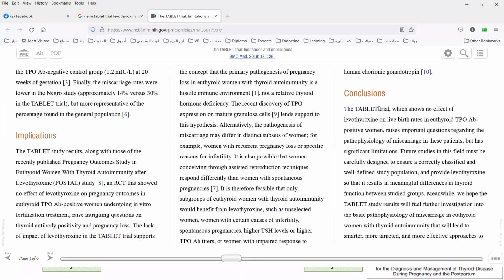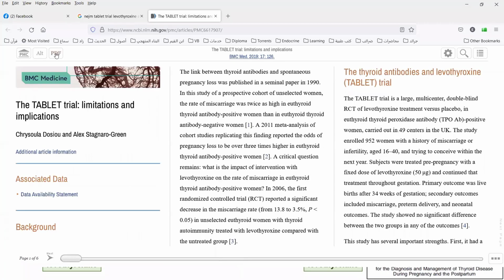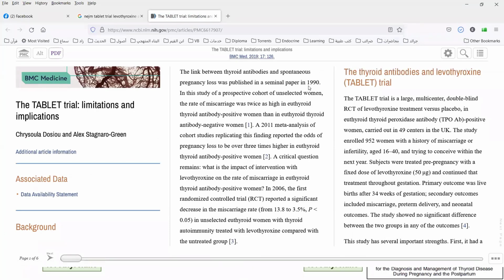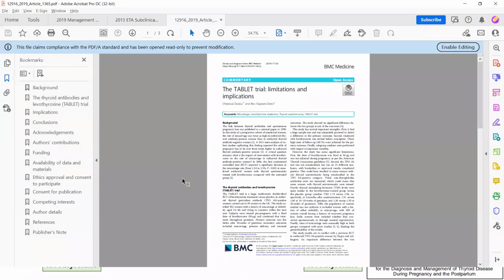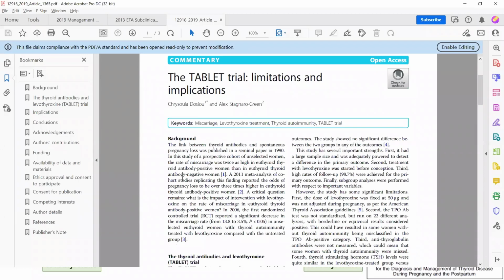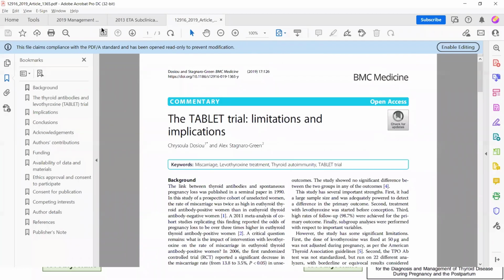In conclusion, a TABLET trial which showed no effect of levothyroxine on live birth rate in euthyroid TPO-positive women. This raises important questions regarding the pathophysiology of miscarriage. So this is the TABLET trial, which mentions no role for levothyroxine, no benefits received.